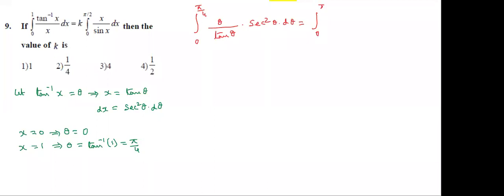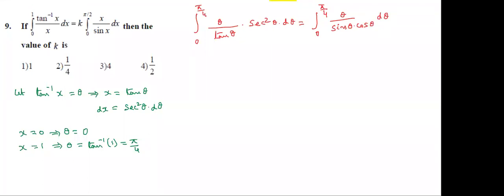Integration 0 to pi by 4, theta divided by tan theta means sin theta by cos theta. Secant square theta means 1 by cos square theta. Then cos theta cancels. In the denominator, we get sin theta into cos theta d theta.